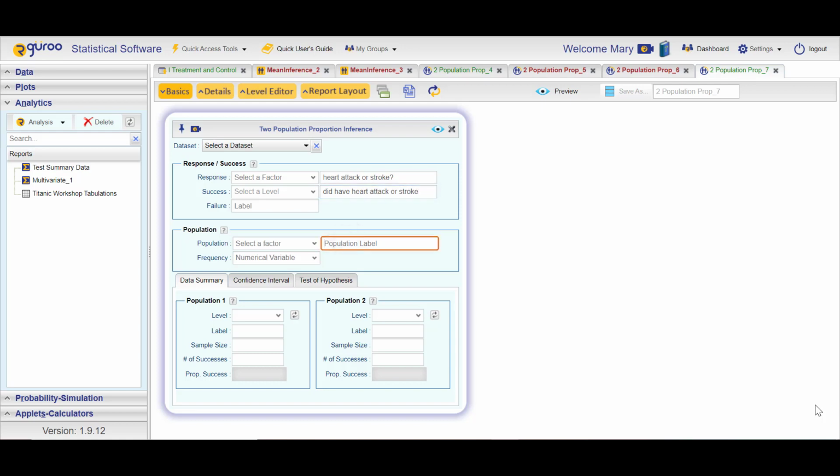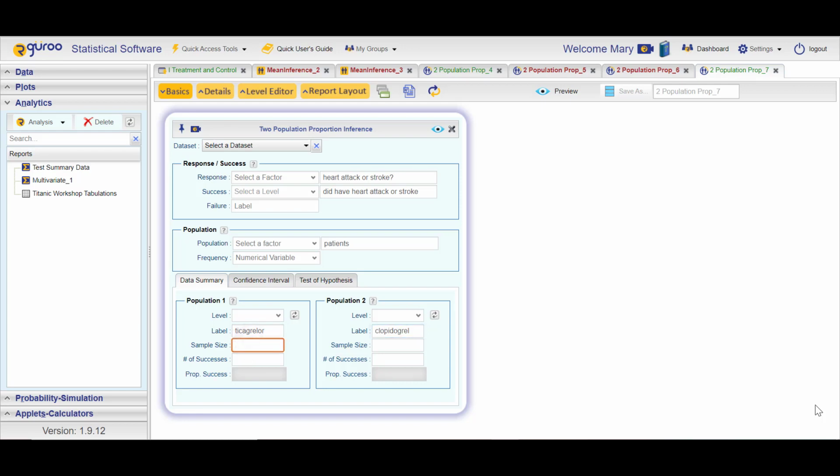And population is patients. I didn't spell patients right. Then the label for the first population is ticagrelor, I'm saying it wrong, and the second was clopidogrel.